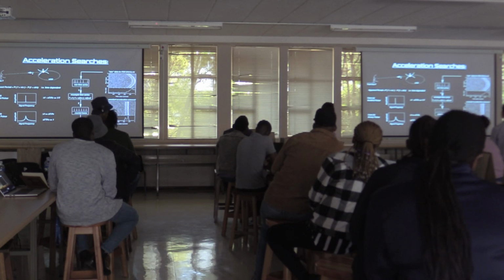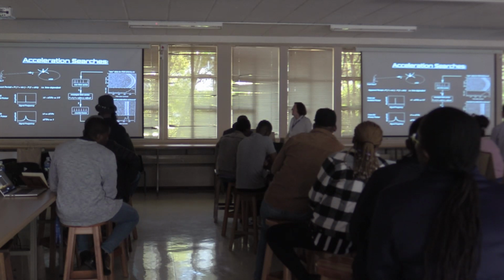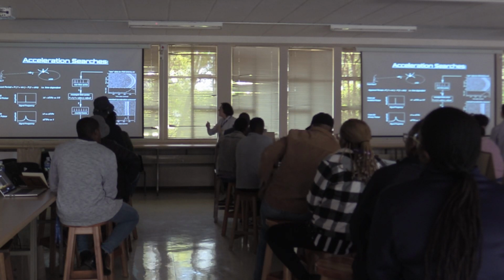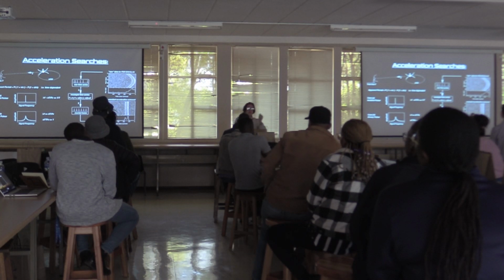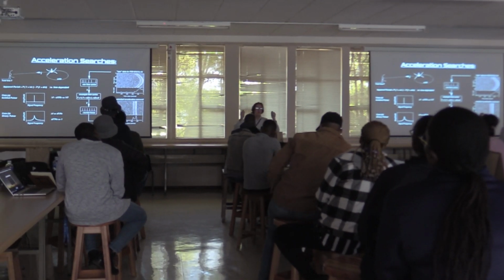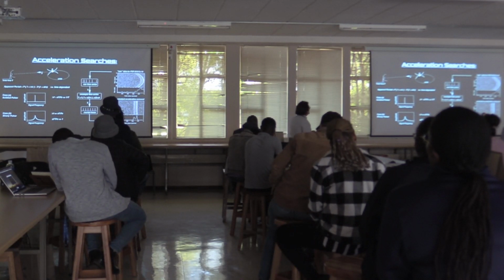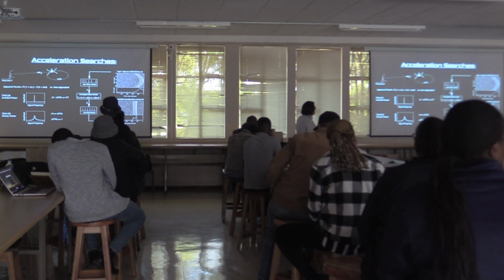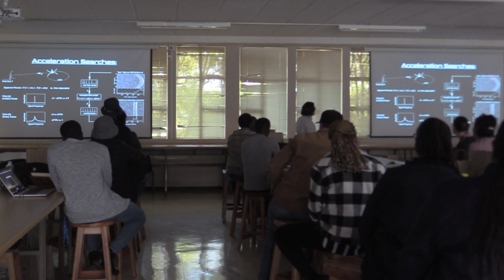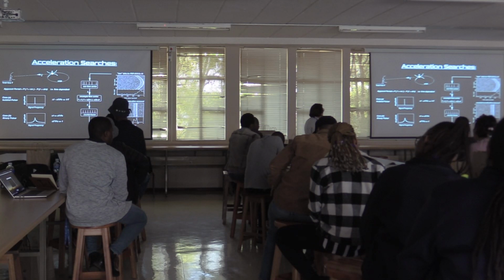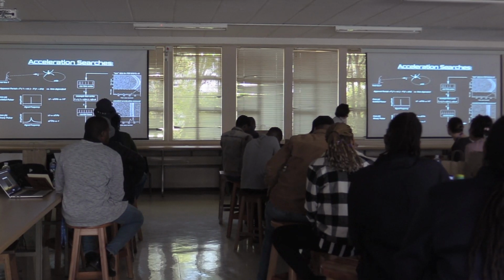So to correct for this, we do something called acceleration searches, which means that basically you assume some value of acceleration of the pulsar, and then stretch or compress the time series to compensate for that. So on the right, that shows what it looks like before applying the acceleration search, and once you've applied the correct acceleration.